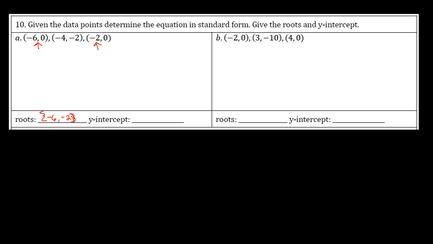Okay, so we're going to write an equation, and I have to use factored form. So my P is -6 and my Q can be -2. So I'm going to say f of x equals some a value, x minus -6, x minus -2. Now we're going to plug in -4 for x and -2 for f of x.